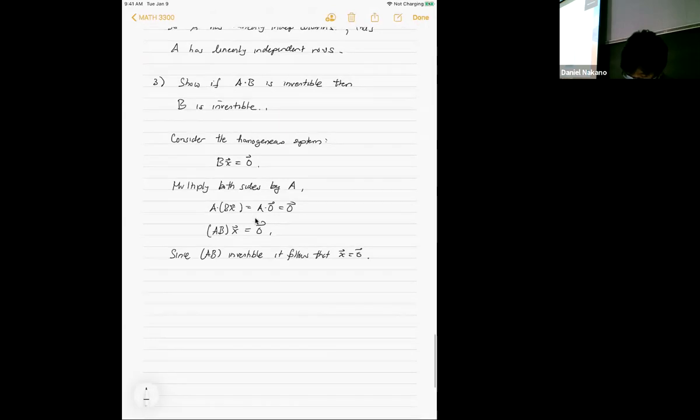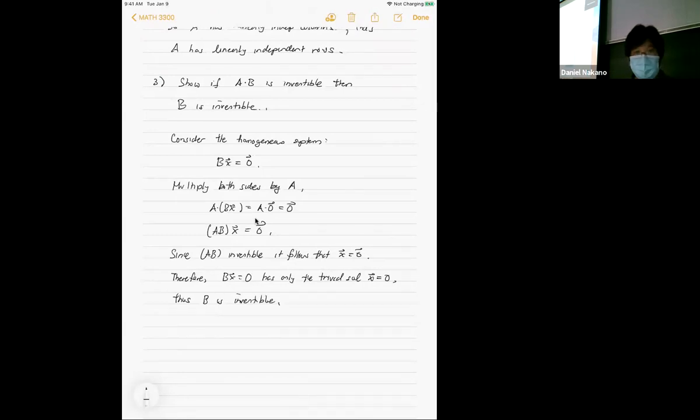So therefore, Bx equals 0 has only the trivial solution, x equals 0, thus B is invertible.